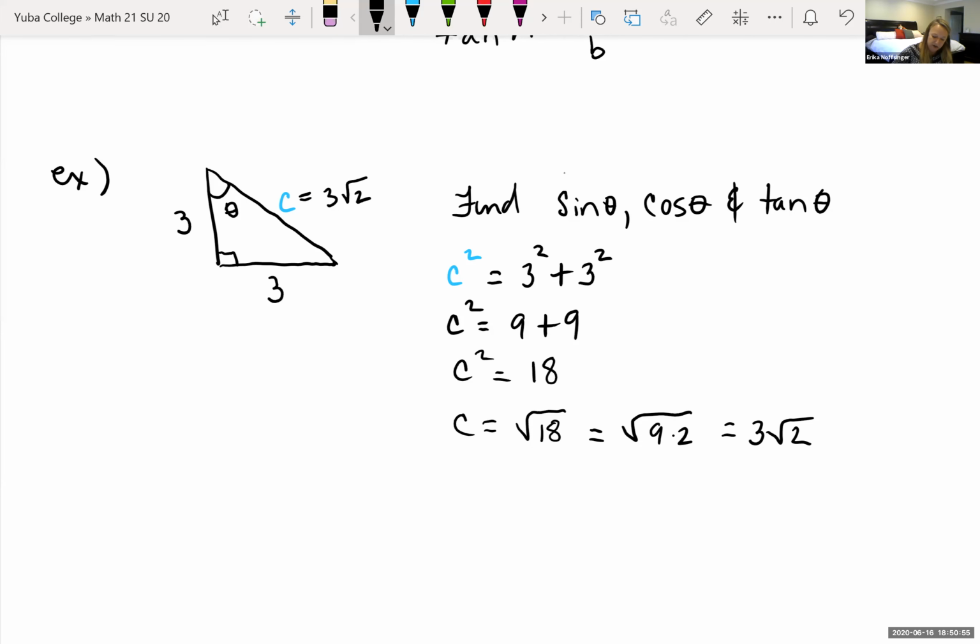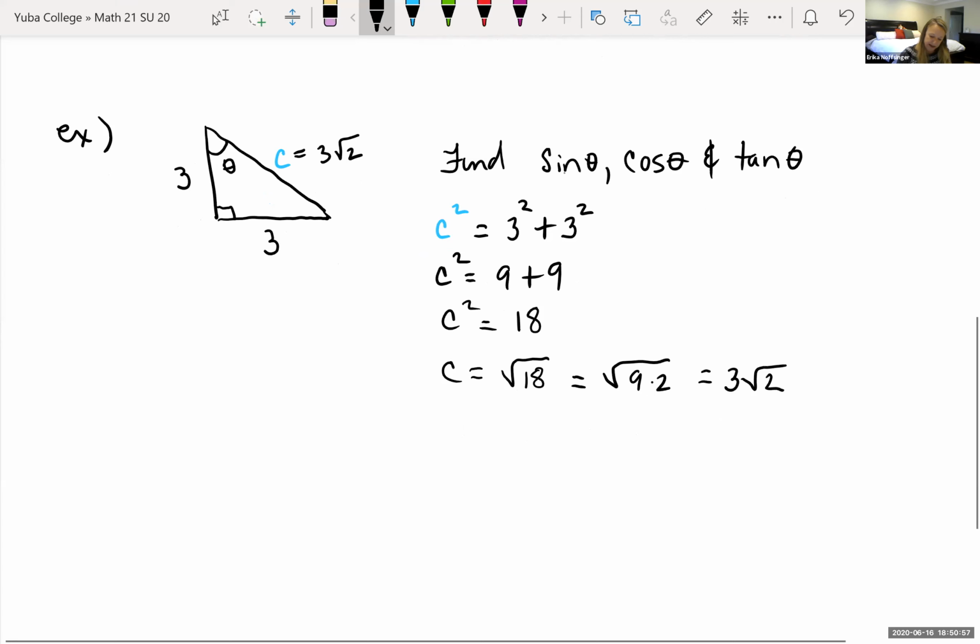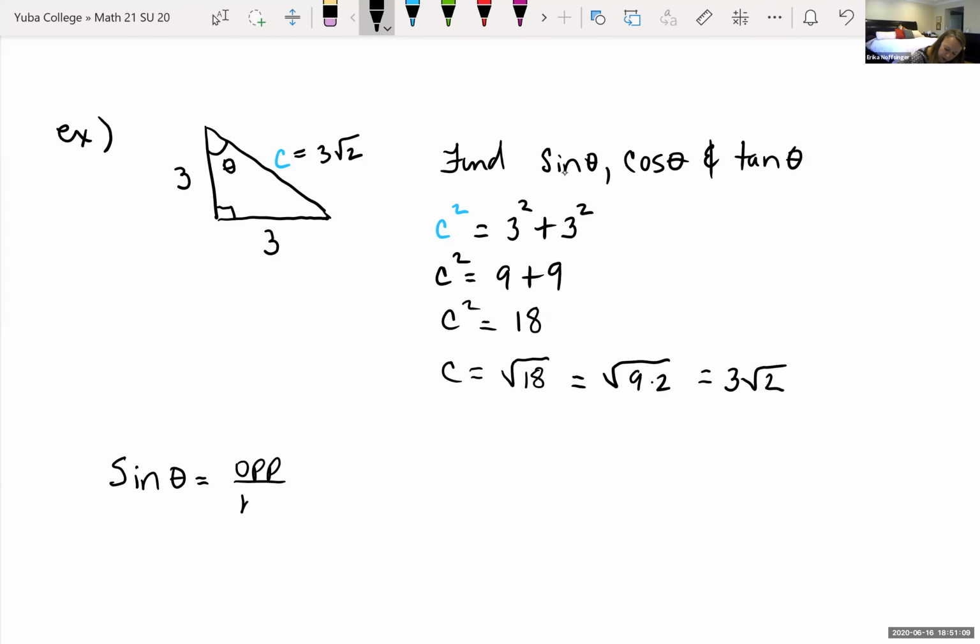Okay, so now that we know all the sides, the lengths of our right triangle, now we can apply the following. So sine theta, that was equal to opposite of theta all over hypotenuse.